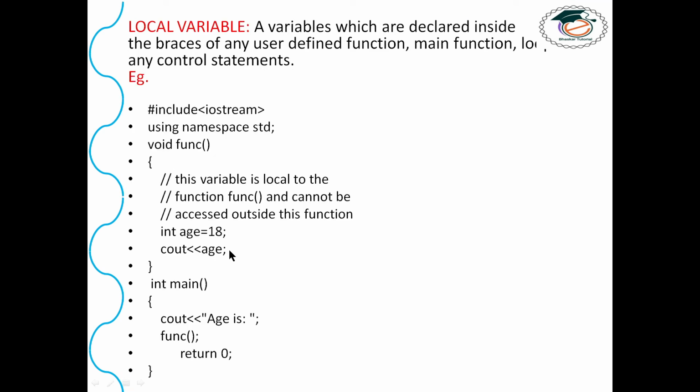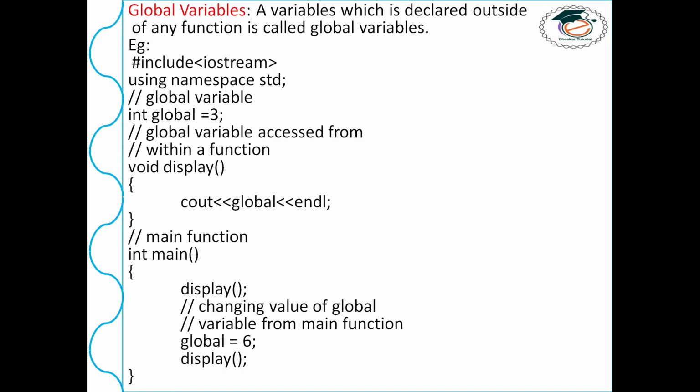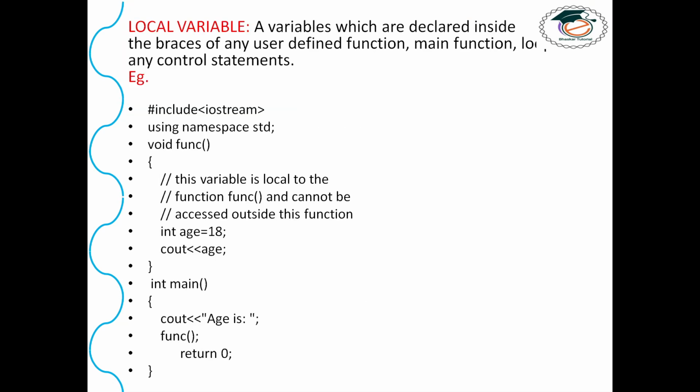Next, let's see local variables. A global variable is outside, but a local variable is inside the curly bracket. Here I gave an example, inside the curly bracket. The integer value of age is 18, and it is inside the curly bracket.